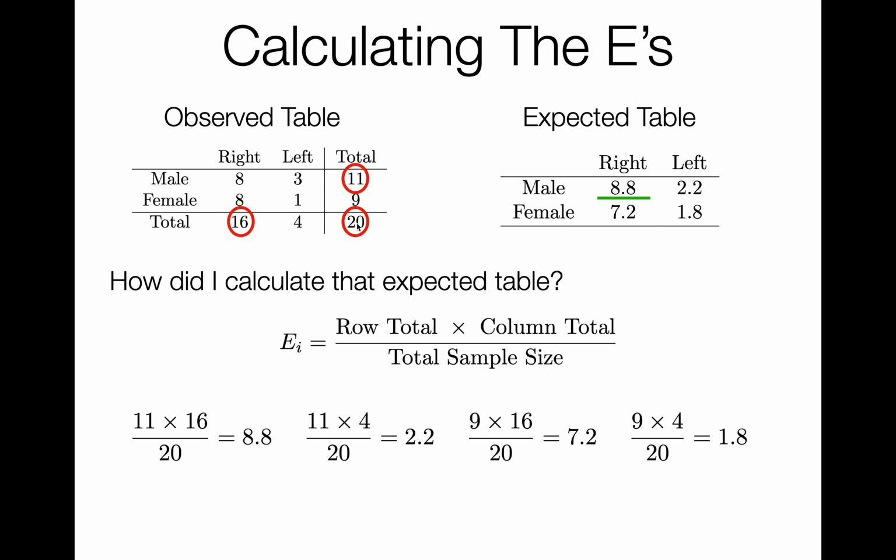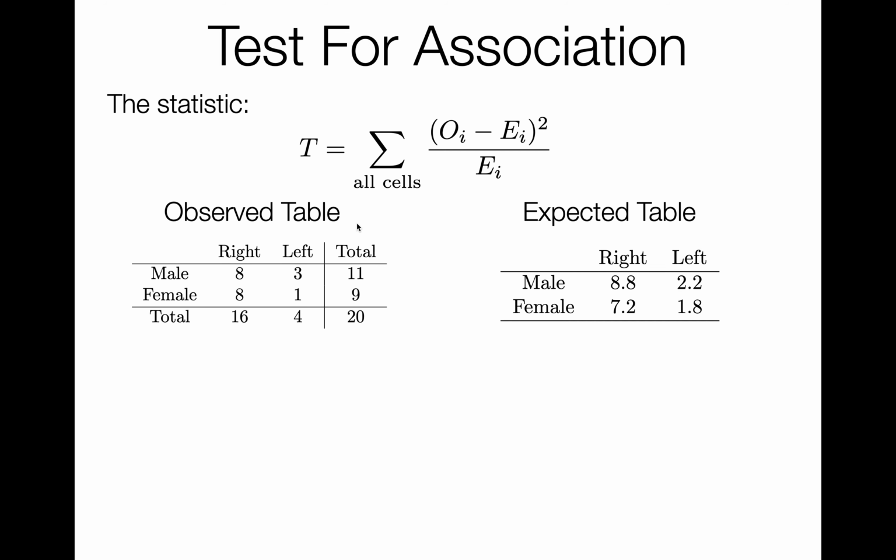Now, that's the first step. The second important step in this sort of calculation is actually calculating the statistic, this O minus E squared divided by E. This big thing here is called a sigma, capital sigma, and it means I'm going to sum over everything here.